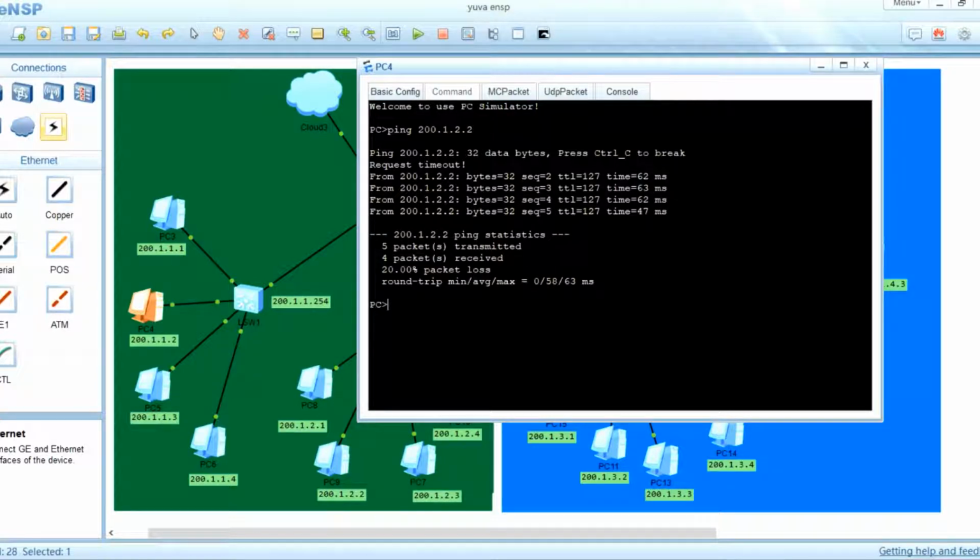We can see here it is successfully pinged. Even though we have 5 packets transmitted and 4 packets received, it's just 20% packet loss. So we can say that this is one of the efficient ways the servers are connected.